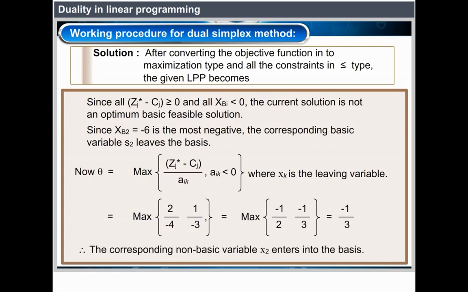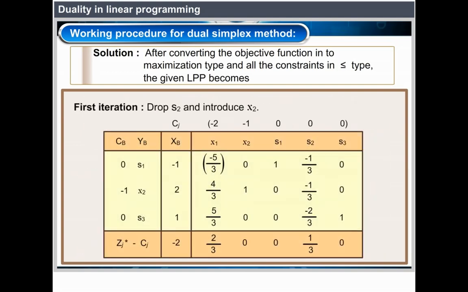In simplex method, we take theta as the minimum value, but in dual simplex method, we take the maximum value. Therefore, the corresponding non-basic variable x2 enters into the basis. First iteration, drop S2 and introduce x2.